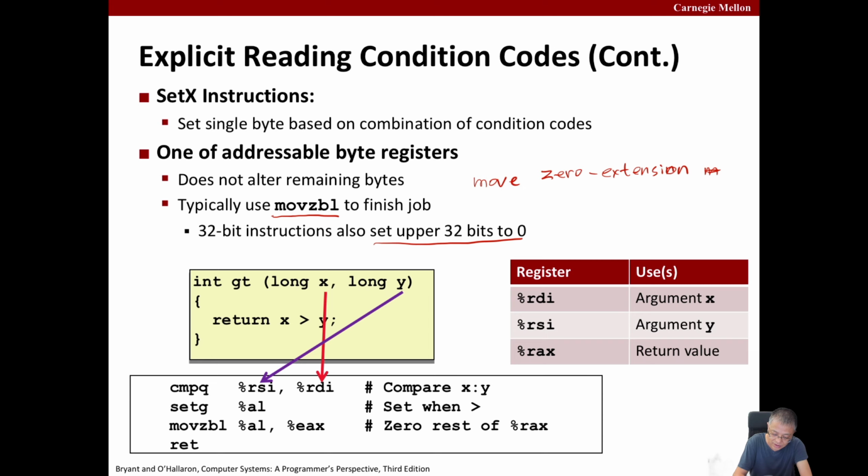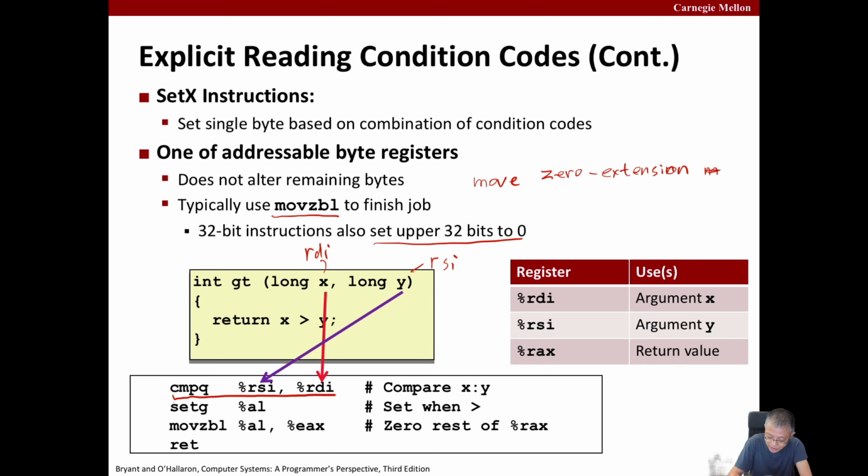So this simple function will return whether x is larger than y. As we have mentioned, x is passed in the RDI register, and y is passed in the RSI register. When this function is converted to assembly code, it will first execute the compare instruction. RDI will be x and RSI will be y.